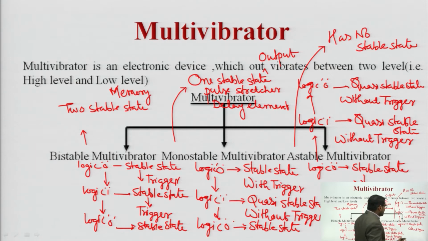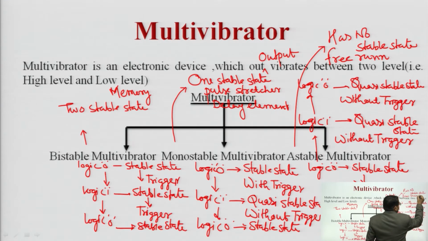Without trigger means we never apply any input signal at the input terminal of the device, so it can also be defined as a free-running oscillator.